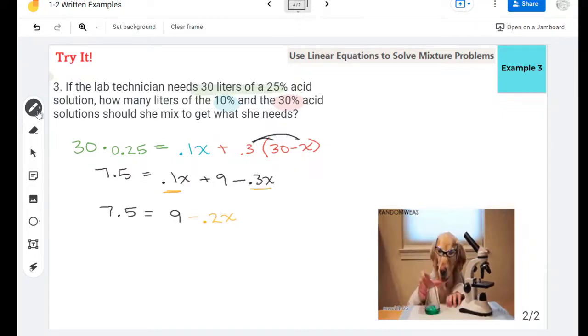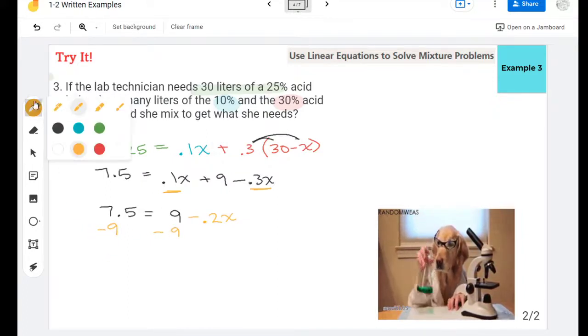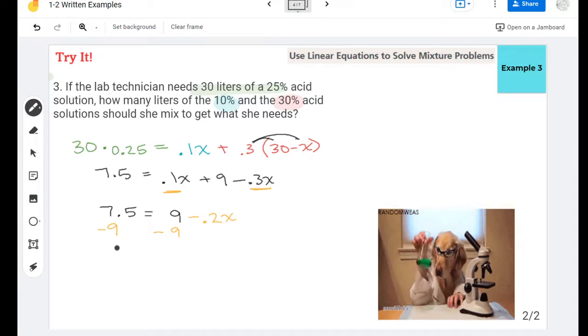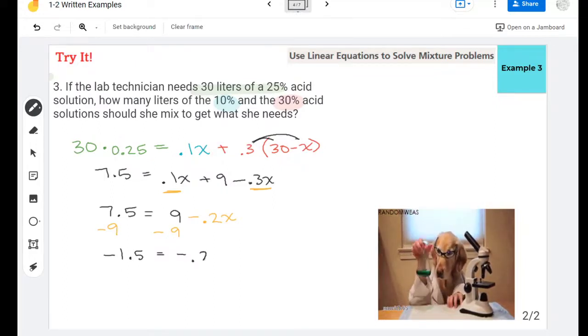So I need to move this 9 to the other side of the equal sign. That 0.2x is being subtracted from 9, but 9 itself is positive. So that means that I need to subtract 9 from each side of the equal sign. So when I do that, here I get negative 1.5 is equal to negative 0.2x.